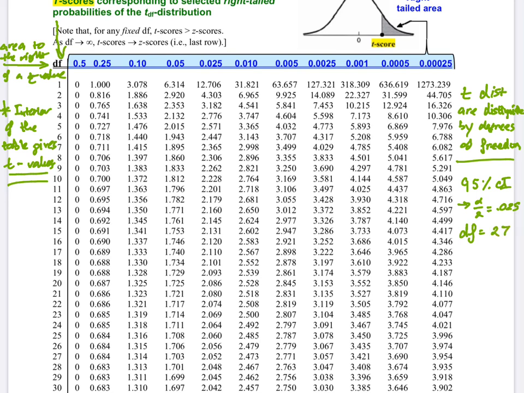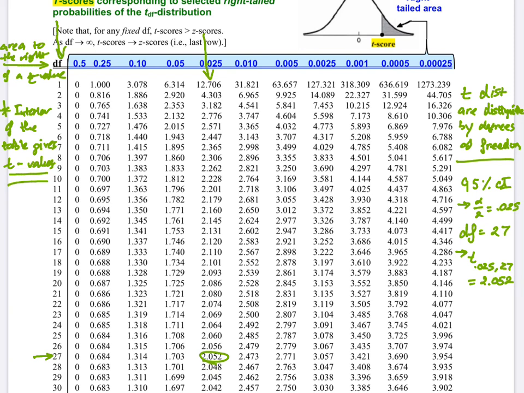What we want to do is go to row 27 and look under column 0.025, because remember, the first row gives the area to the right, so we want to look for alpha over 2, which is 0.025. So we look at this column, and that gives us a t value of 2.052.